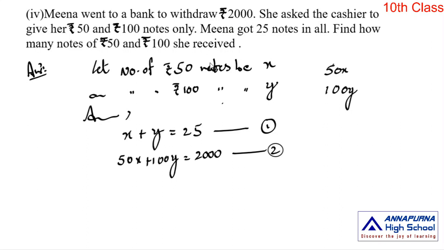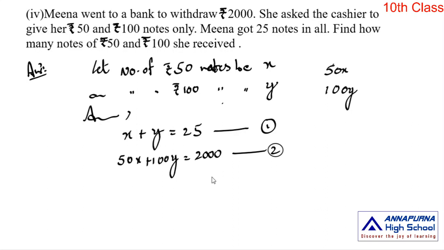She received x 50 rupees notes, so she receives 50x rupees only for 50 rupees notes, and y 100 rupees notes, that means she receives 100y rupees only for 100 rupees notes. So the total, 50x plus 100y, is equal to 2000 rupees. So this is the second equation.